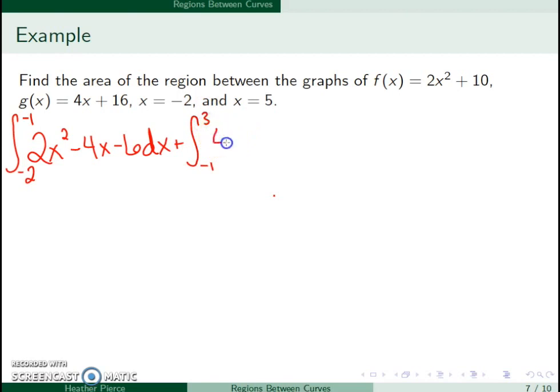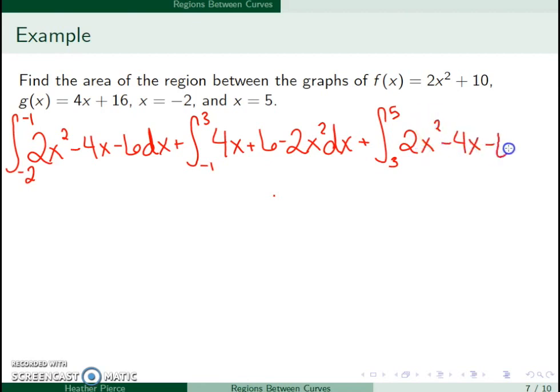And after simplified, it would be 4x plus 6 minus 2x squared. The last one ran from 3 to 5 and would be simplified to 2x squared minus 4x minus 6.